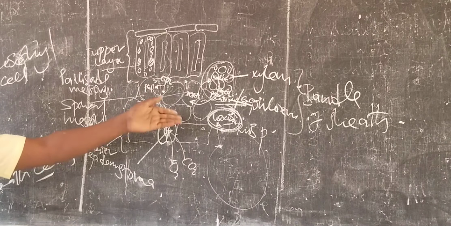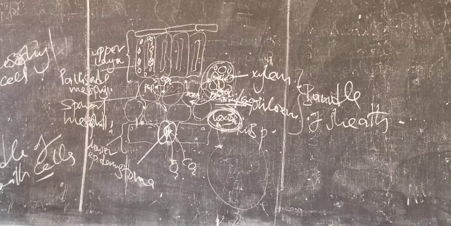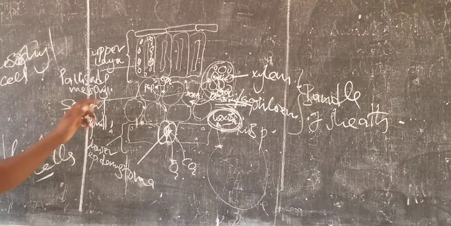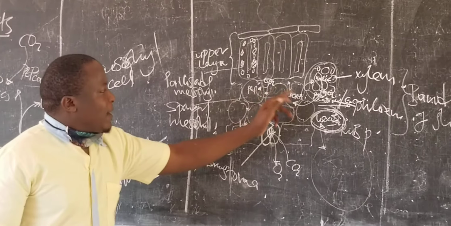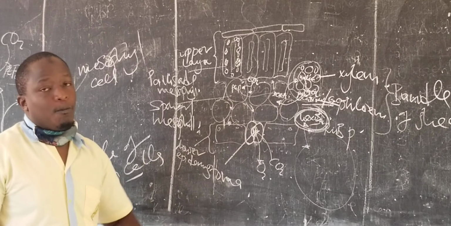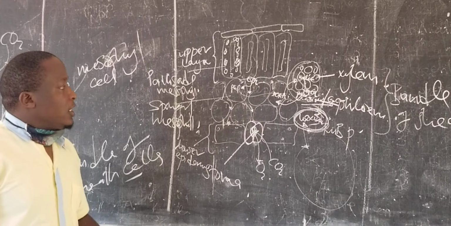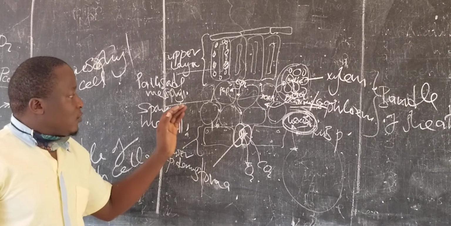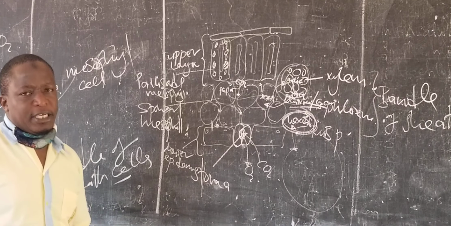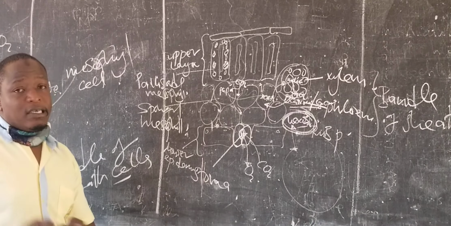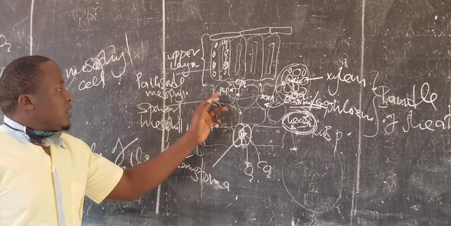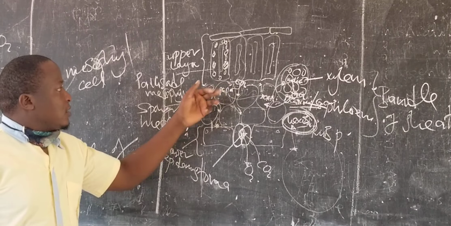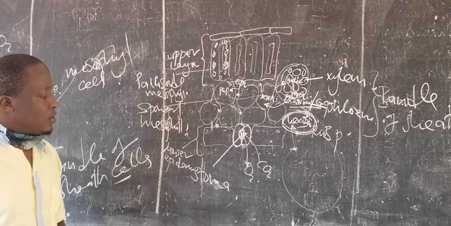C3 plants differ from C4 plants this way. Because the C4 plants, they have the Hatch-Slack pathway or the C4 cycle. It occurs in two groups of cells separated, while the C3 cycle occurs only in the spongy mesophyll cells.